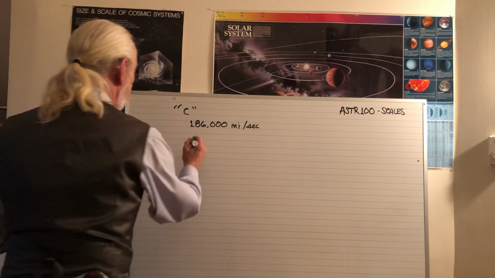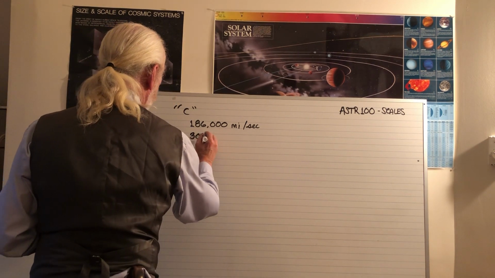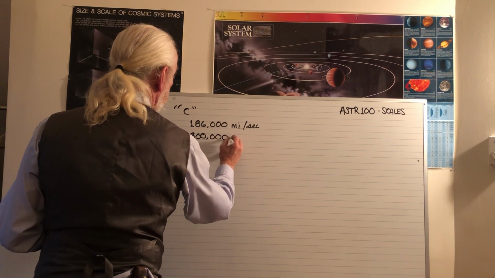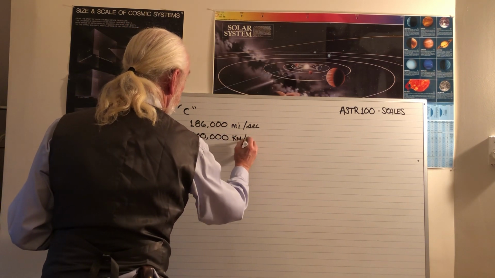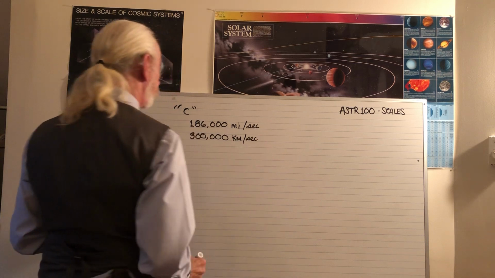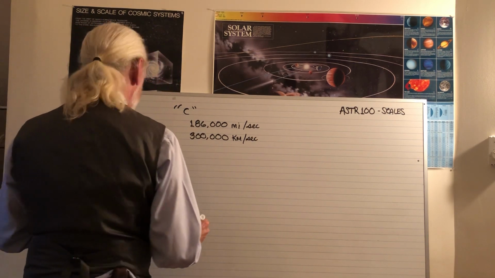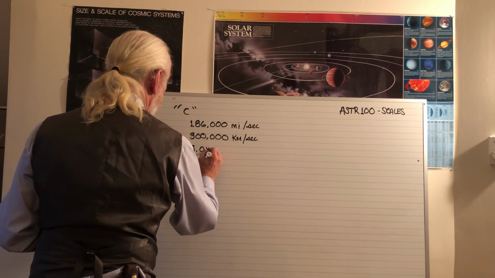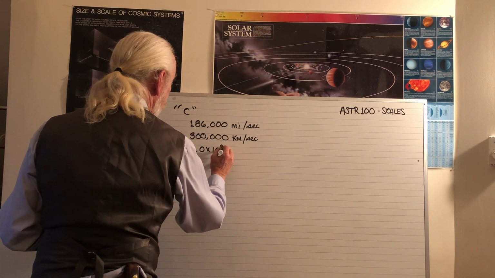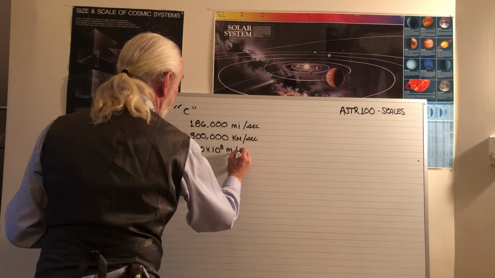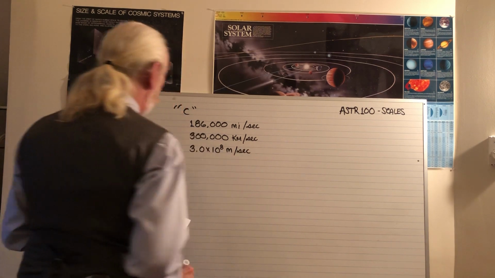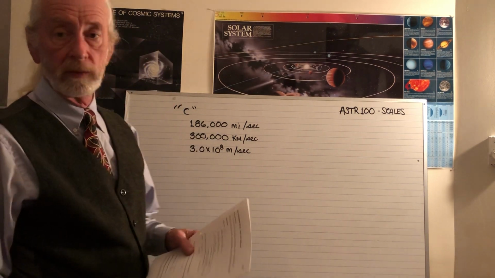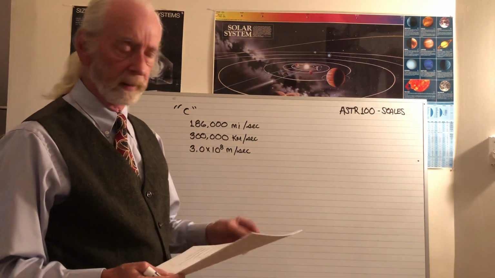Another way is 300,000 kilometers per second. And one that we'll be using more often is this, 3.0 times 10 to the 8th meters per second. We're going to use that measure when we apply it to a physics formula.